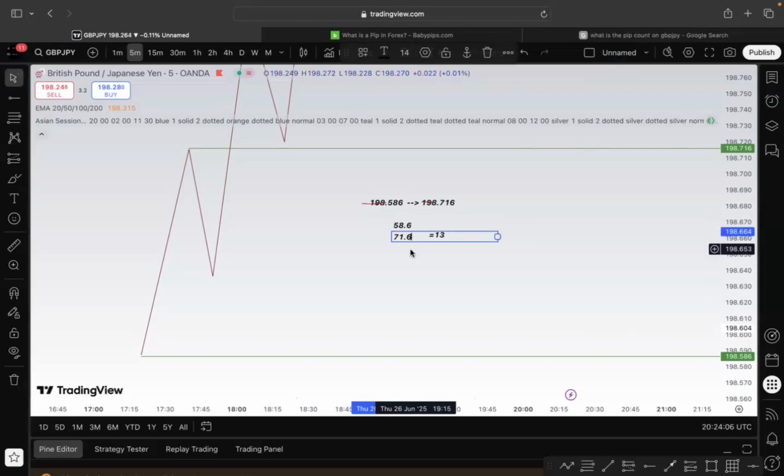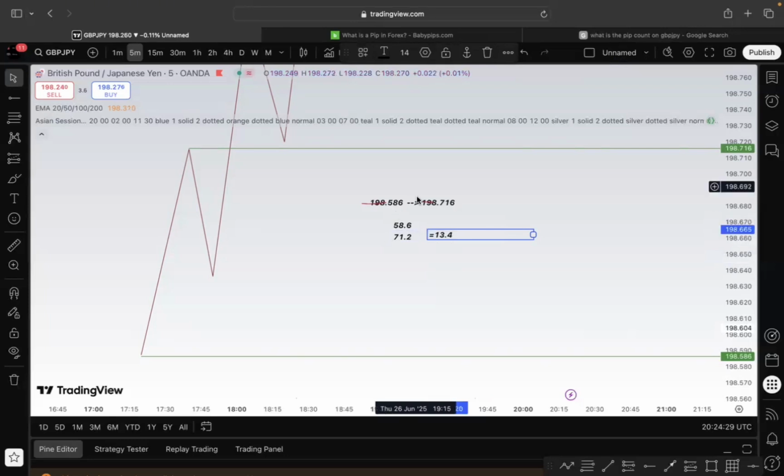However, if this was to change from 6 to, let's say, 2, it means that now you have to look at the distance between 71.2 and 58.6. I don't think it will be 13.4.